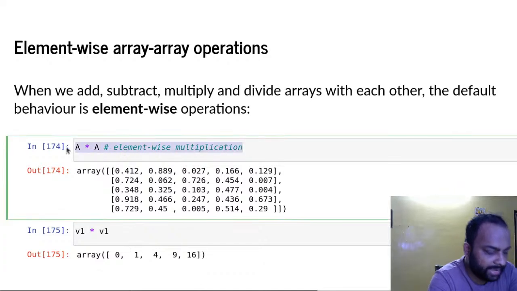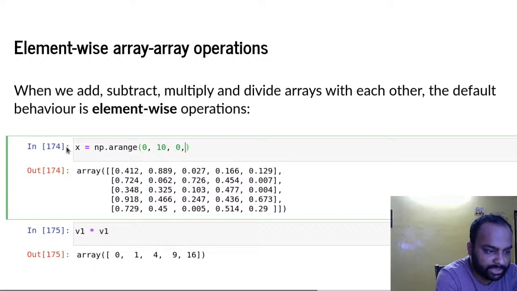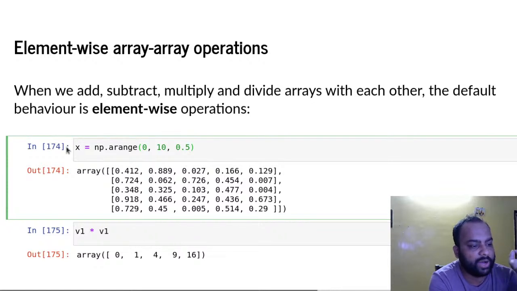Say X is a very simple example, an array: np.arange from 0 to 10 with a step of 0.5. X is an array that starts at 0 and goes up to 10 with a step of 0.5.